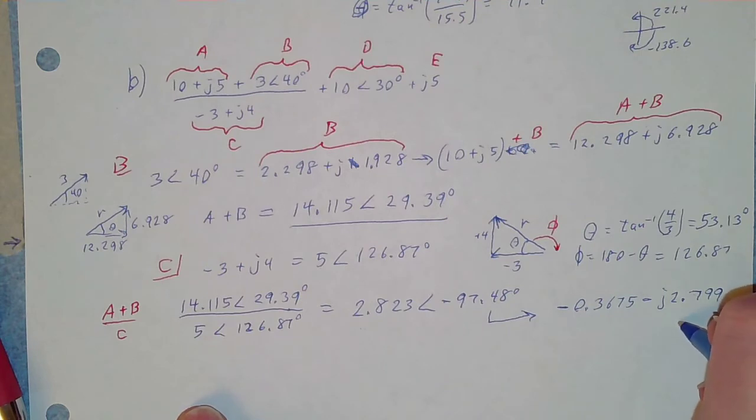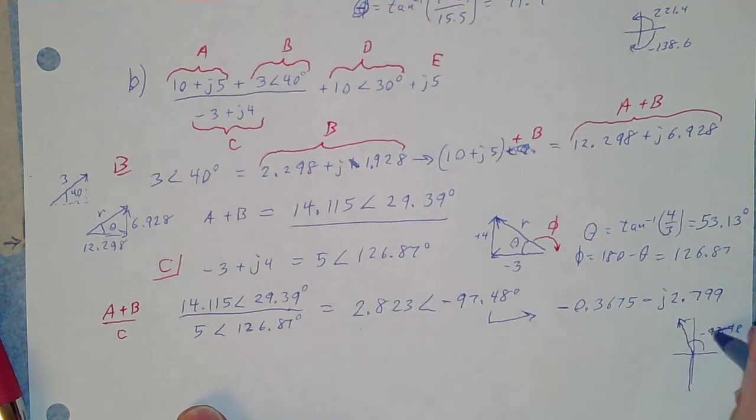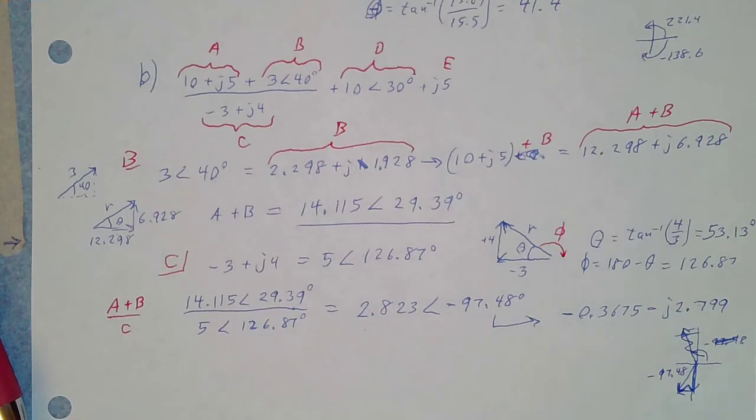So it looks kind of like this. Oh, I drew it the wrong way. It's minus, so it's going to be this way. You can see it's going to have a minus J component and a minus real component. And again, this is just trigonometry.